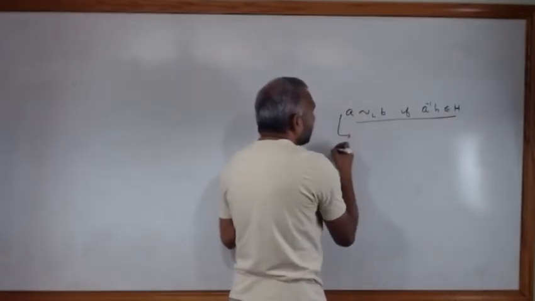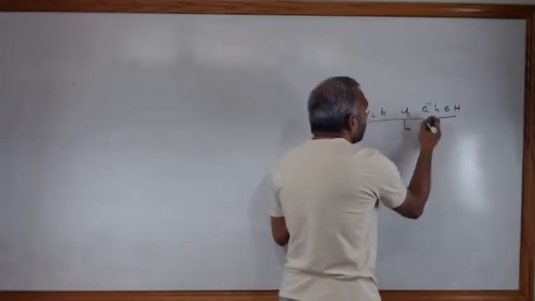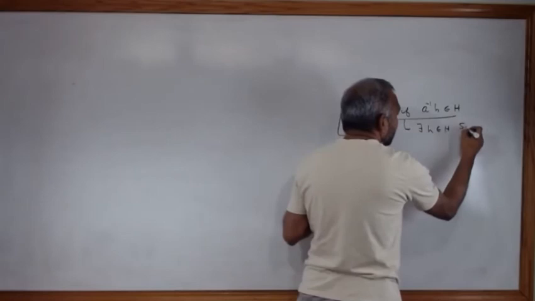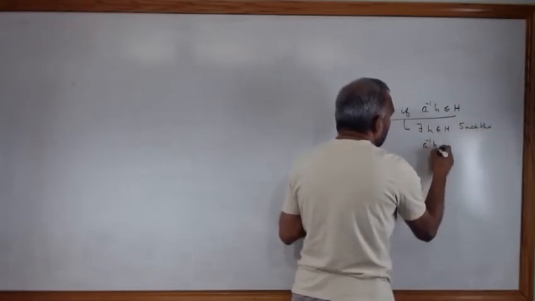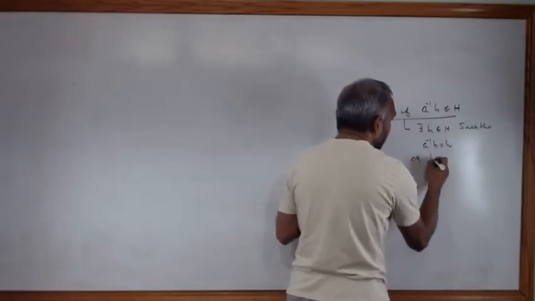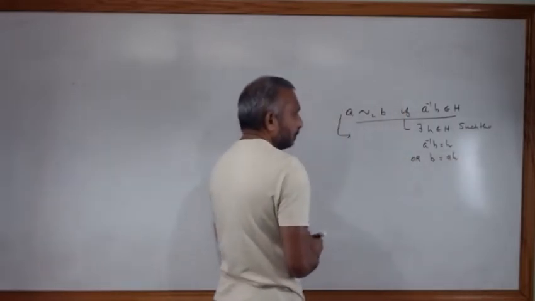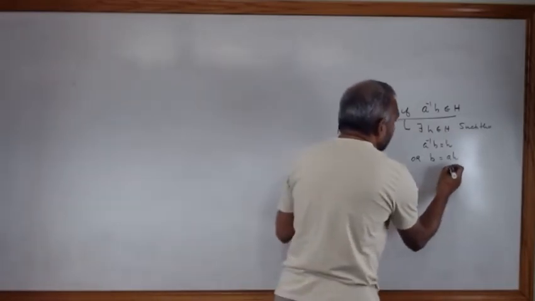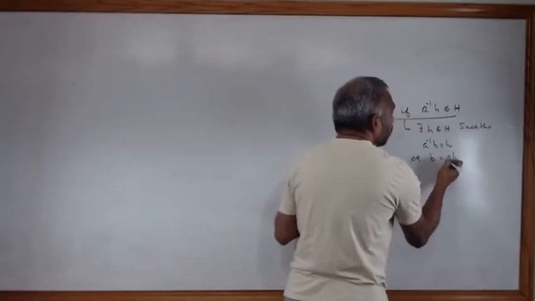This means that there exists an h belonging to H such that a inverse b equals h, or you can say b is equal to ah. So if b belongs to aH, then that aH is the coset.